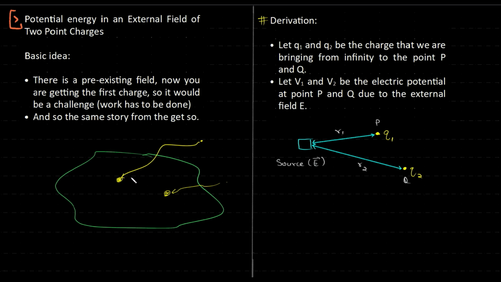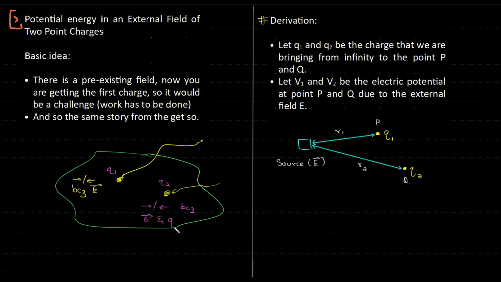Q1 will encounter a push or a pull because of the pre-existing electrical field. While Q2 will also experience a push or a pull because of the pre-existing electrical field, right?